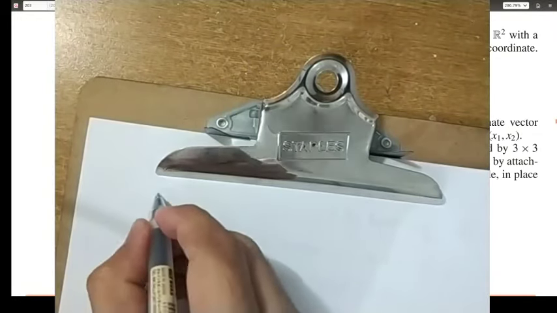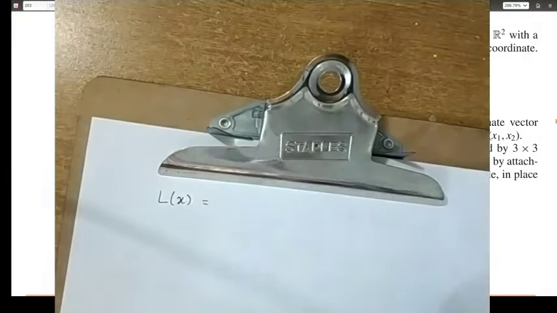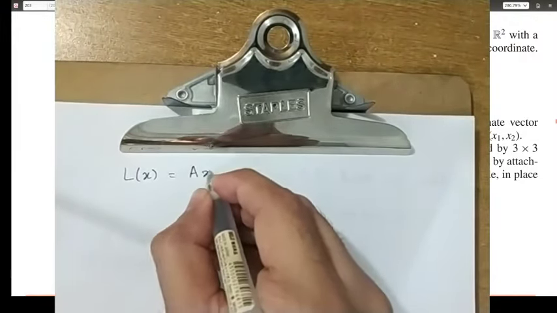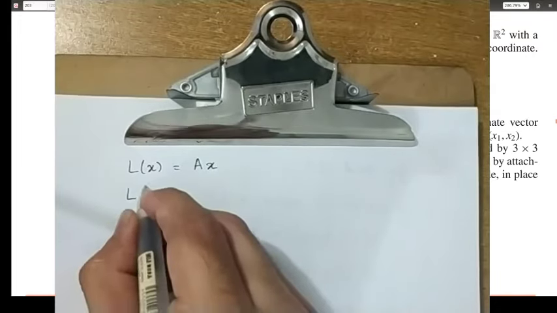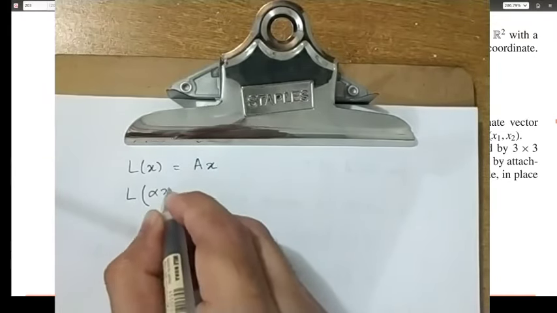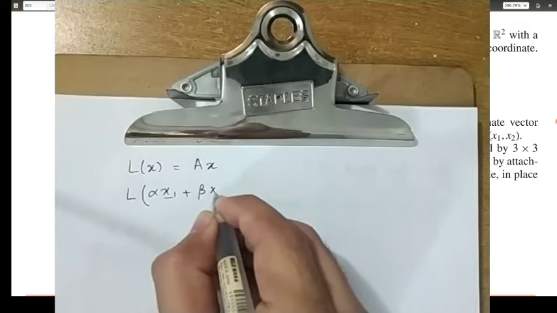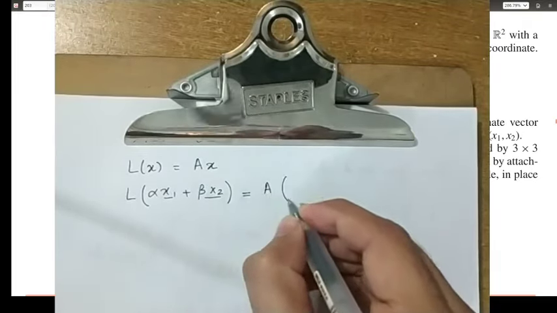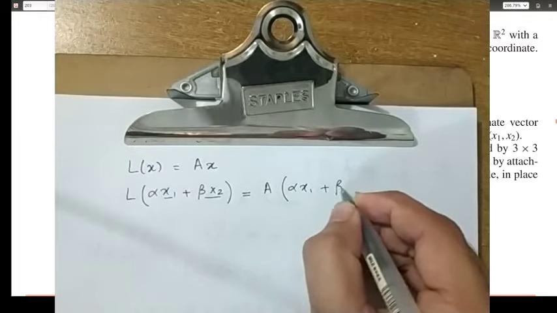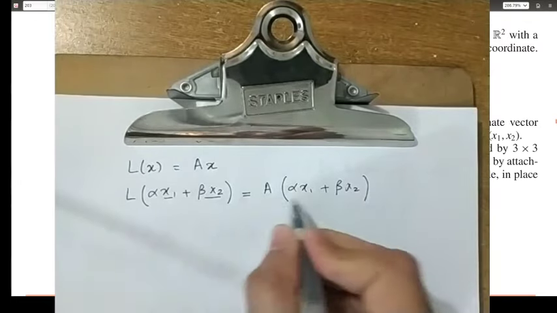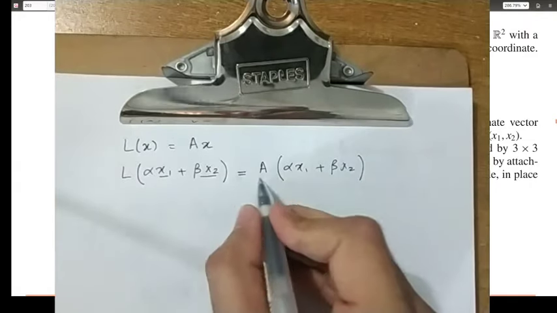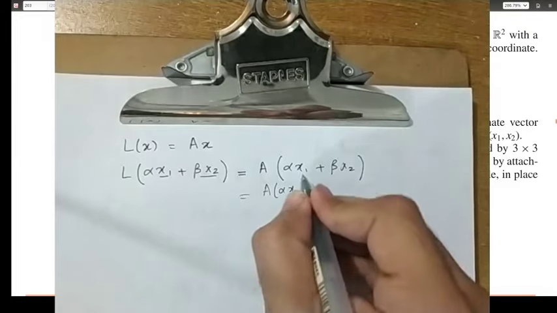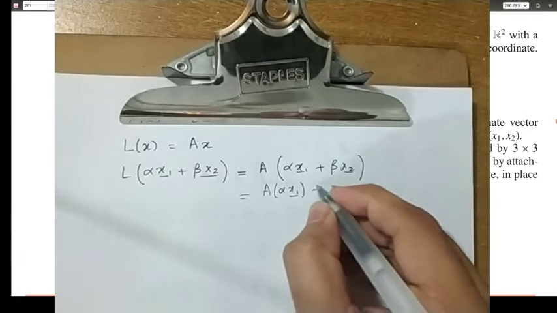So if you consider L of x as A times x, then the linear combination alpha x1 plus beta x2 will be mapped onto A times alpha x1 plus beta x2. And of course, this is just matrix vector multiplication. I can distribute this: A times alpha x1 plus A times beta x2. Remember that x1 and x2 are vectors.